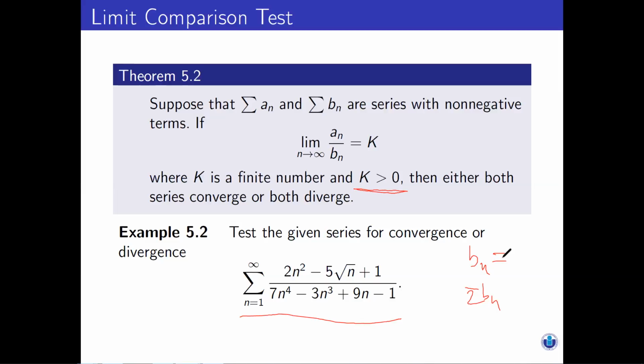So what should we take for Bn? Which Bn's would have essentially the same behavior as this one? Anyone knows?